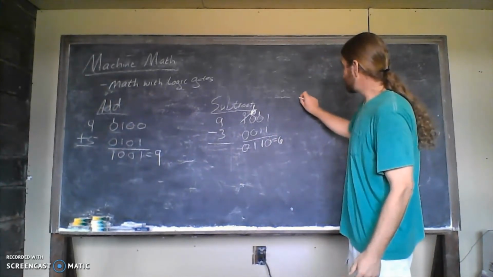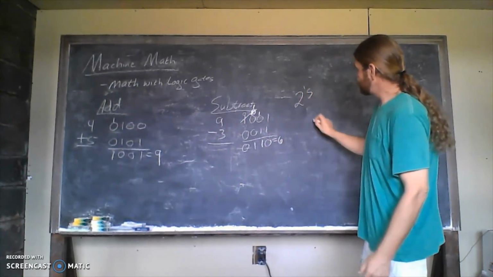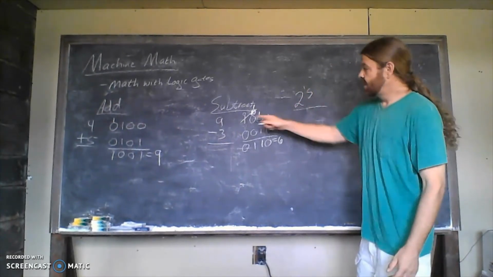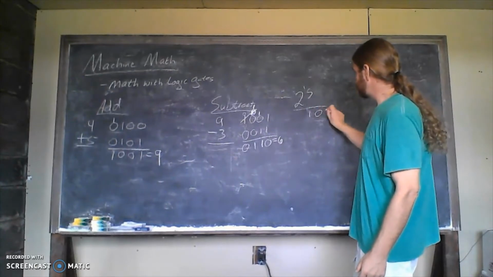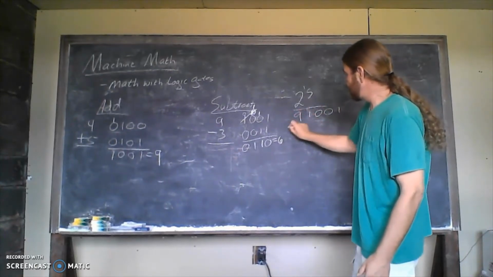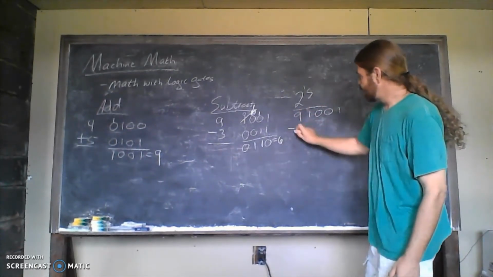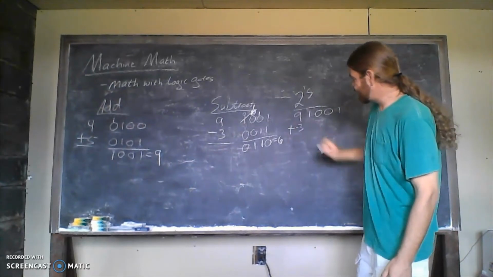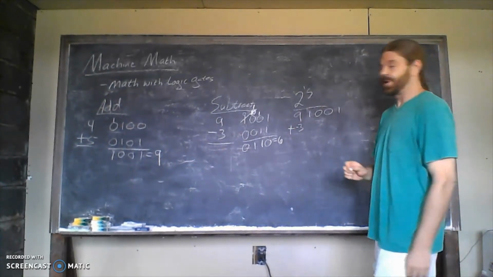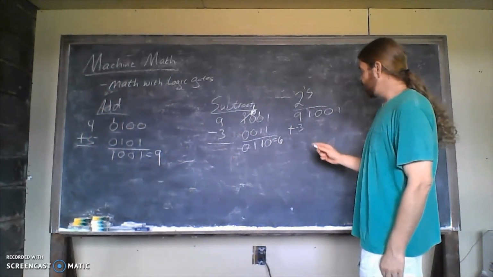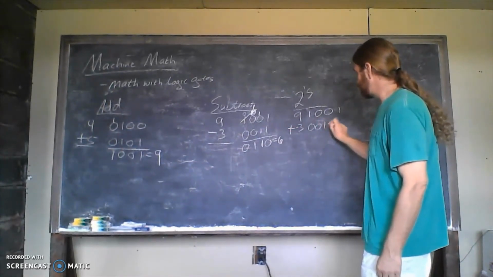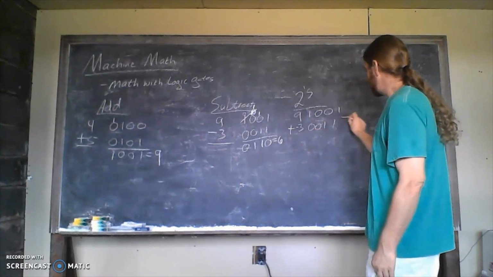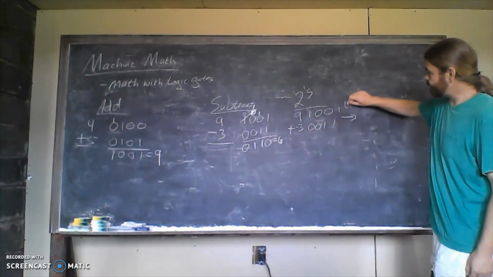So let's do this as 2's complement. In 2's complement, we'll keep the 9 the same: 1, 0, 0, 1. 9 minus 3, which I guess I could write as 9 plus negative 3. Let's write it that way. So to 2's complement it, we start with the binary and then we'll complement that.